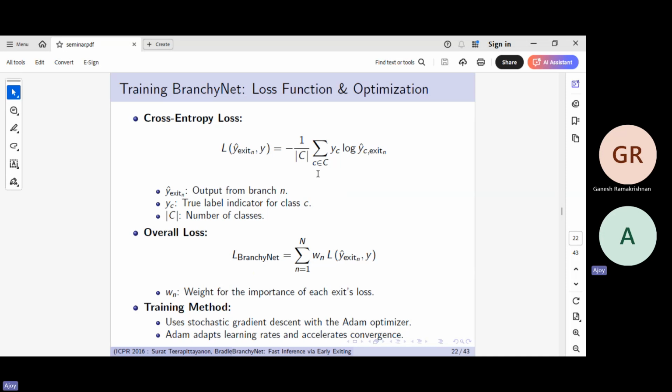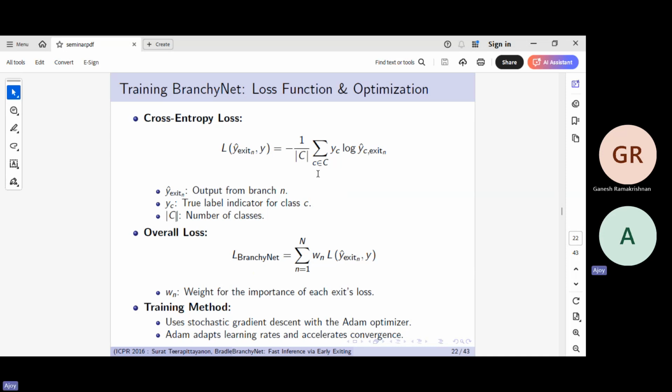It's a hyperparameter, we need to tune it. No, it's not at every layer.